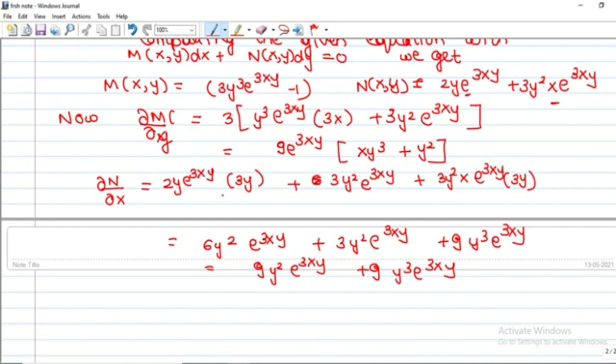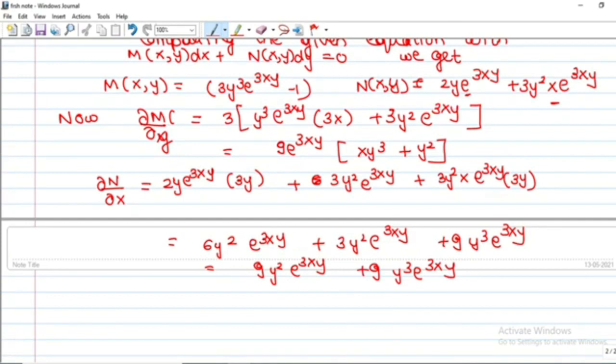When we differentiated the first one, we are getting 2y e^(3xy) and here we are getting 3y. This one is correct, but in the 3y² term the x will be gone because there is only one x, and y² e^(3xy) will be left.